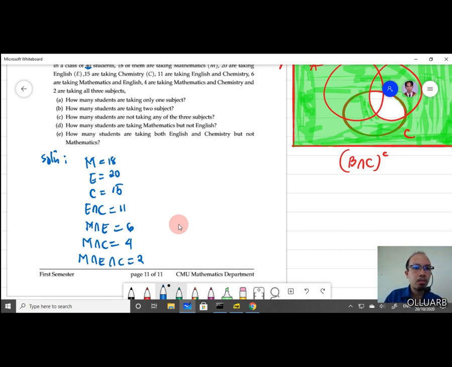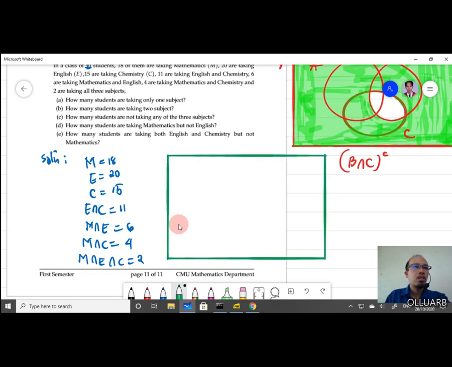So first is make a diagram. Make 3 sets for M, mathematics, English and chemistry. So start at the bottom and then move up.